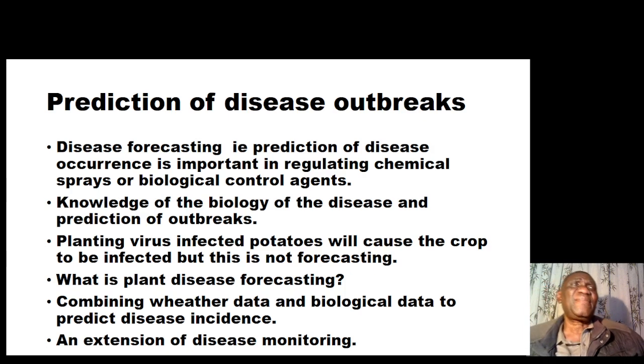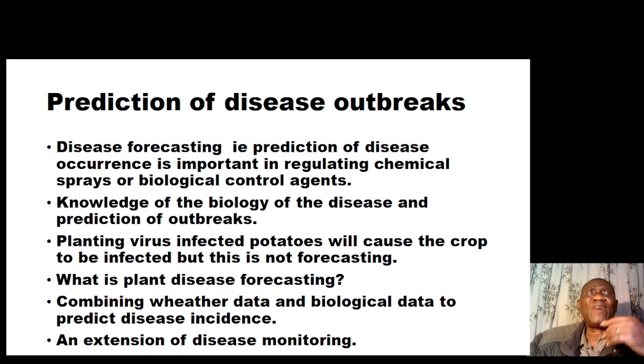Another interesting issue concerning diseases, if we monitor them under field conditions, we may also want to predict outbreaks so that we are better prepared for the control measures. So we have disease forecasting, that is predicting of disease occurrence.